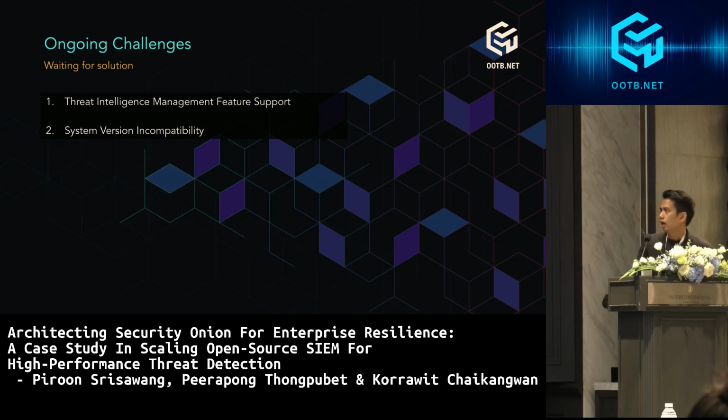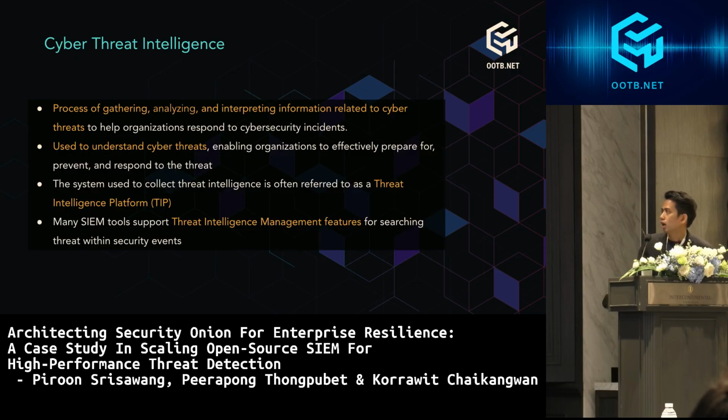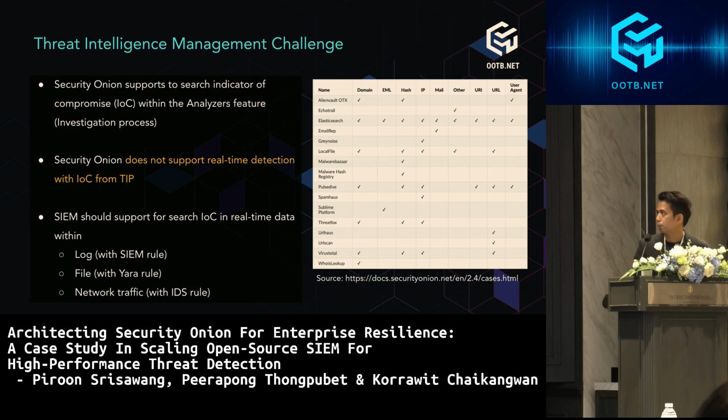Okay. We have another challenge that we talk about. These are challenges we have not solved yet, but we have planned to solve them. The first one is threat intelligence management feature support. This slide describes threat intelligence, and I will skip it.